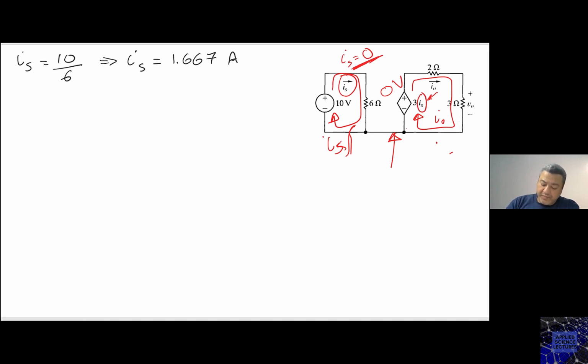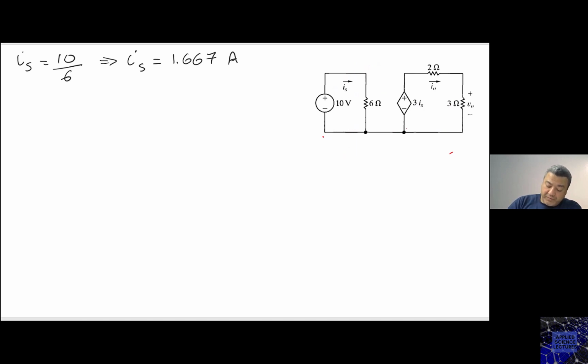Now, if I break this circuit without affecting the first circuit, I naught is going to be 0.